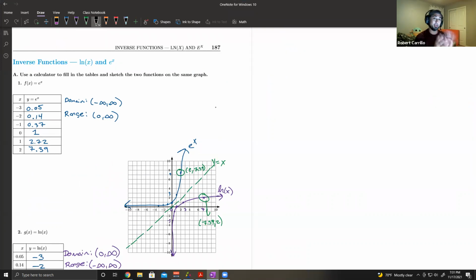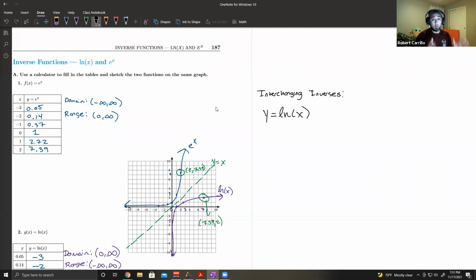Here's the thing: if you can interchange domain and range, then you can interchange a log into an exponential, and you can interchange an exponential into a logarithm. We'll call this interchanging inverses. Let's start with this function: y equals the natural log of x.